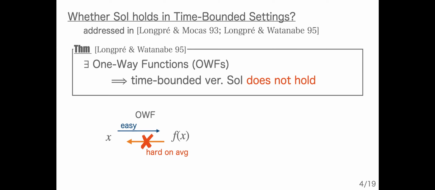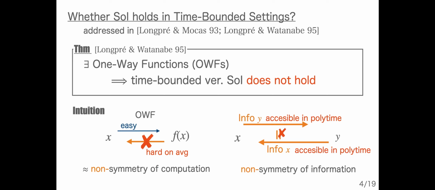The proof is very non-trivial, at least for me, but the intuition is very natural, because a one-way function itself exhibits a kind of non-symmetry of computation. To convert this non-symmetry of computation into non-symmetry of information, we think of this y as f(x).